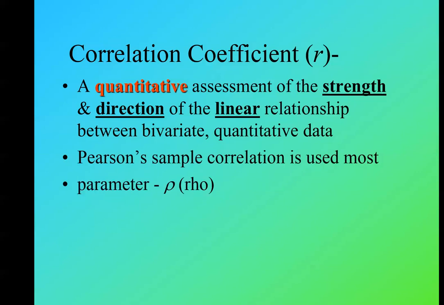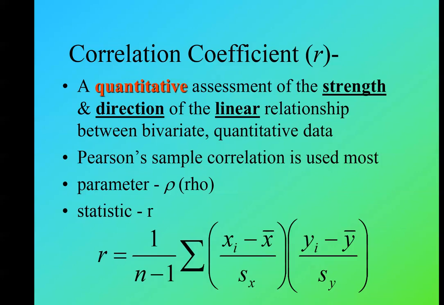We use something called the Pearson sample correlation, which is that r. Other statistics courses will show you other types of analysis out there. If we're talking about a population, we use the Greek symbol rho, and if we're talking about a sample, we use r. And the formula is right there.